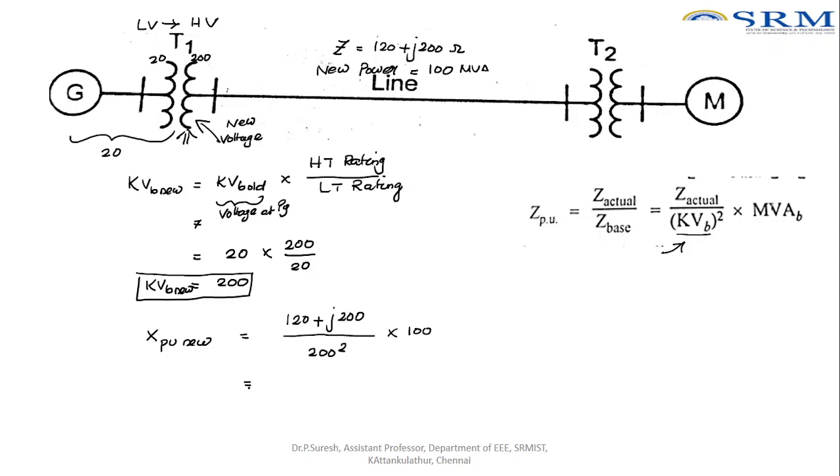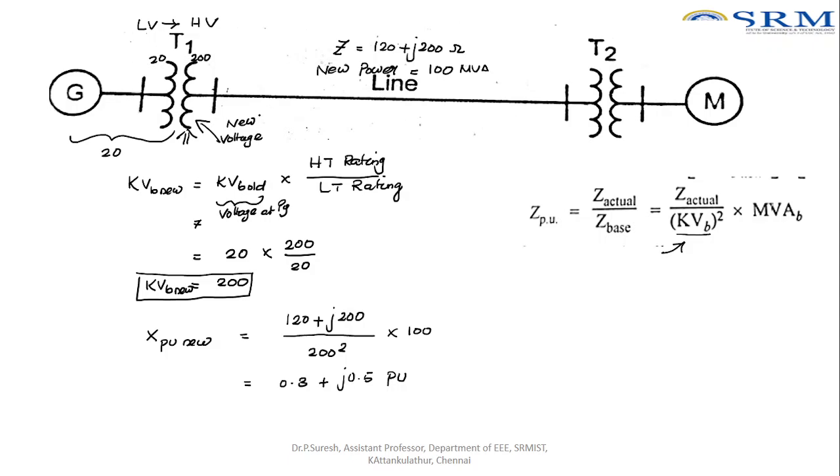When you calculate this value, it comes around 0.3 plus j0.5 per unit. So this is how we calculate the new value of reactance for the transmission line.